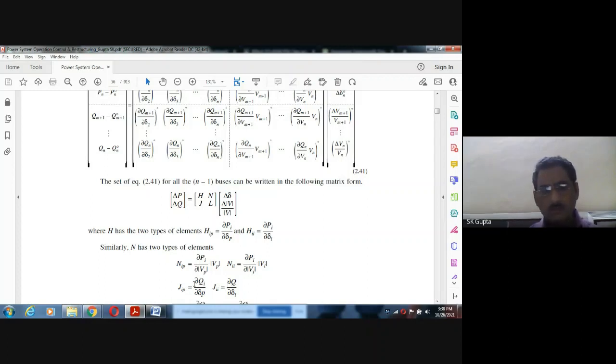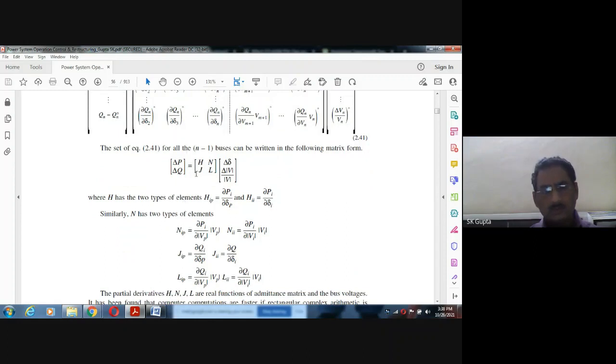Similarly, here in J, Q with respect to delta, meaning Qi by delta I and Qi by delta P. Here Qi with respect to voltage, this is L, Q with respect to voltage, in both cases the diagonal element is I and I, and in the off-diagonal element it can be I, then it can be P.